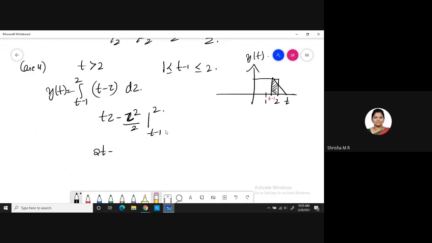So 2t minus 2 square by 2 will be 4 by 2, minus t into t minus 1 minus t minus 1 whole square by 2. You solve this and tell me what you will get.